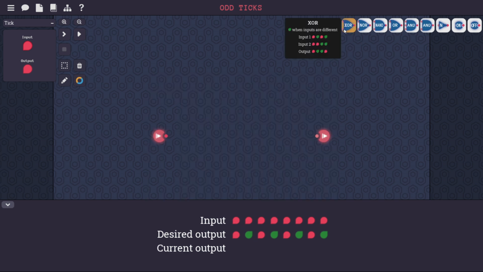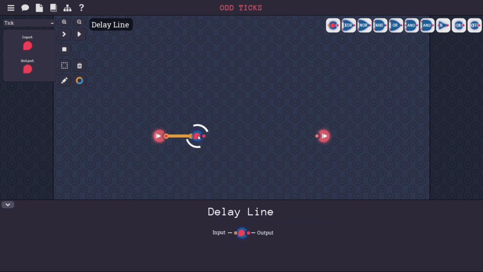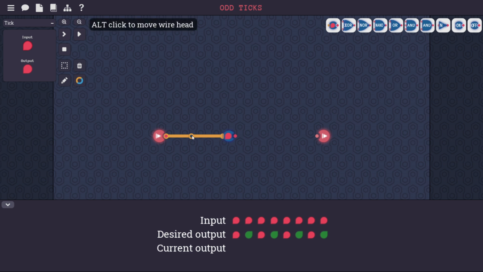And we already have a hint, so that is the 0th tick, and the next tick is on, but our output is off.